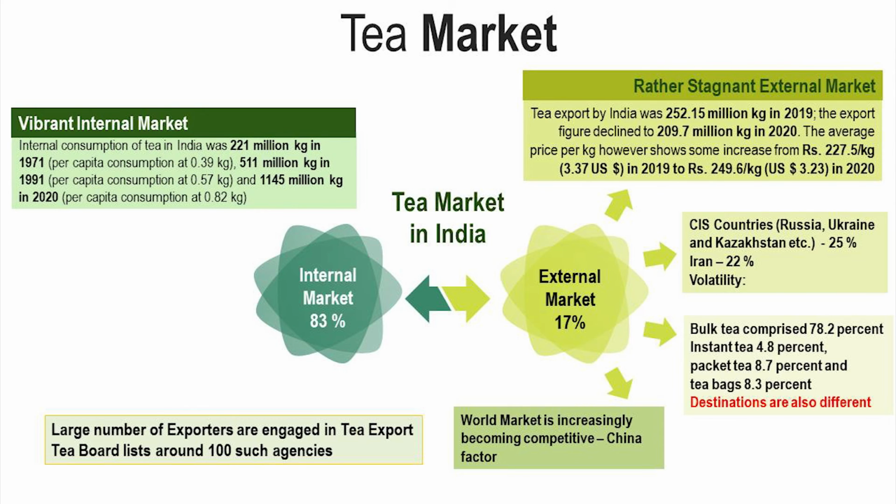At the same time, we should not ignore the domestic market as well, because it is increasing and it is promising. So therefore, those who want to do commercial tea cultivation should eye the internal market that is coming up. At the same time, they should try to create some external market niche for themselves if they want to dominate the world tea market.